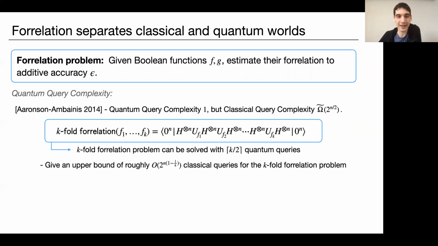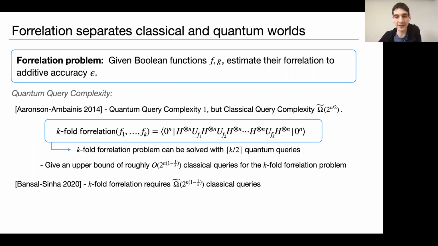And I started this slide by saying that Forrelation was one of the hardest problems. So this is the upper bound on the number of queries, but is there a matching lower bound? And in fact, that was proved recently by Bansal and Sinha, and also Girish and others have a very similar result, showing that k-fold correlation actually does require something like 2 to the n times 1 minus 1 over k classical queries.